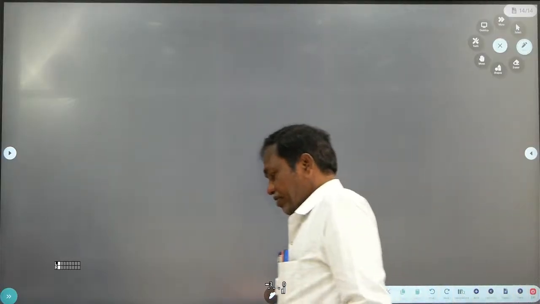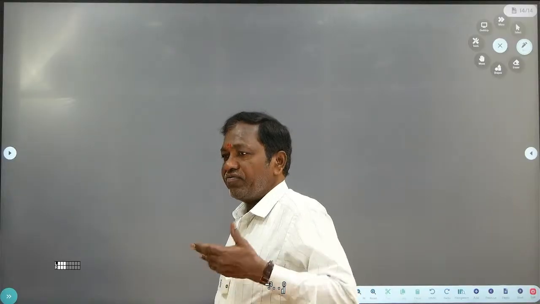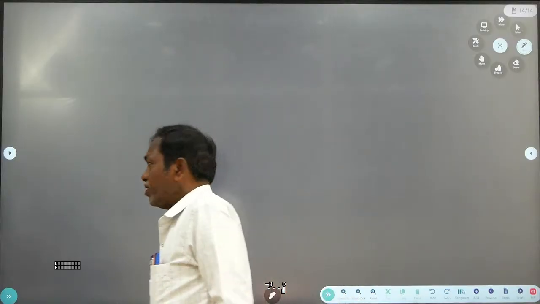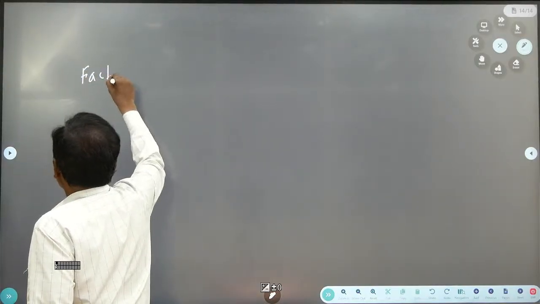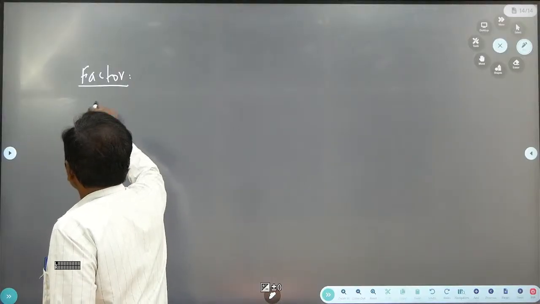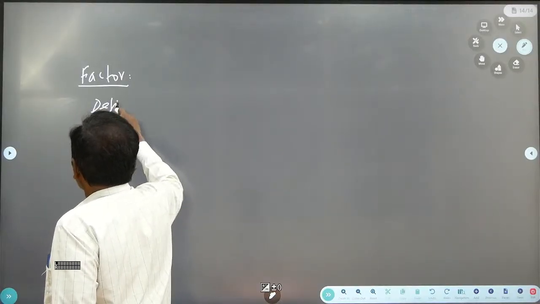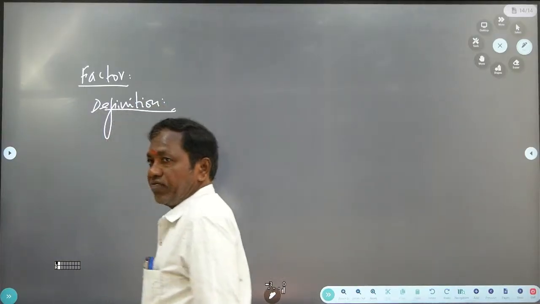So right, again we learned already, we discussed a little about factors. Now we will come to it very officially, fine. And the definition is what? Factors. Definition of a factor.